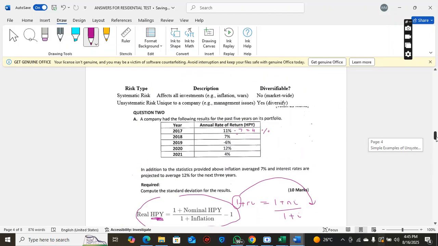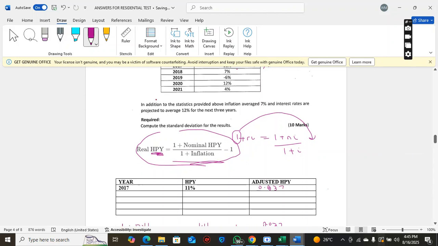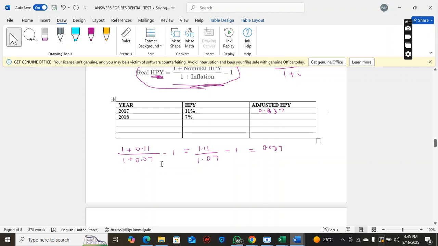Okay, we go to the next one. 2018, 7%. So we use the same formula here. 1.07 over 1.07 minus 1, we get 0% basically.